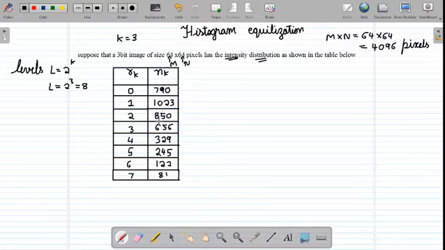When we add up all these pixels, it should obviously be equal to 4096, the total number of pixels. So this is the amount of information given in the table.